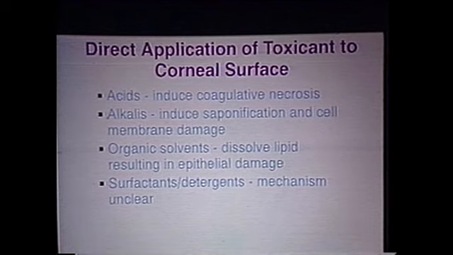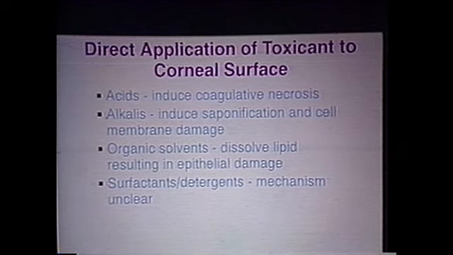And this is due to the fact that they induce coagulative necrosis. Alkalis, on the other hand, tend to produce a much more severe reaction. They induce saponification, they induce cell membrane damage, and because of this allow quite marked penetration of the alkali into the substance.